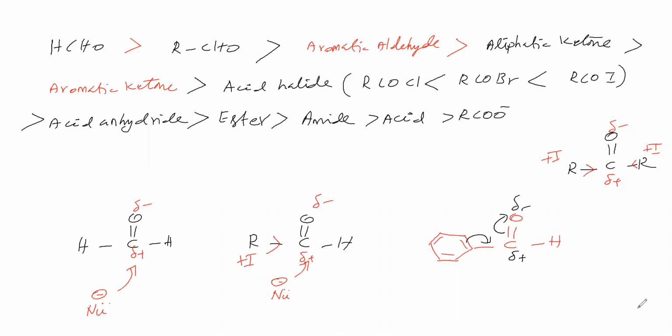Next we will go for nucleophilic addition followed by loss of water. That we will see with ammonia derivatives. Now we will take a carbonyl compound and an ammonia derivative.